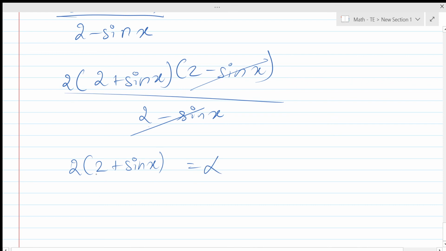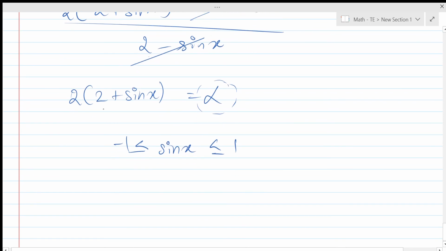Our next step would be to find the range of alpha. So we know sine x is between 1 and minus 1. So if you just open this, this becomes 4 plus 2 sine x.